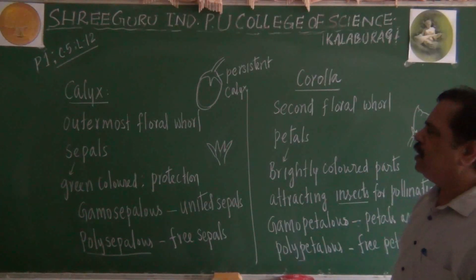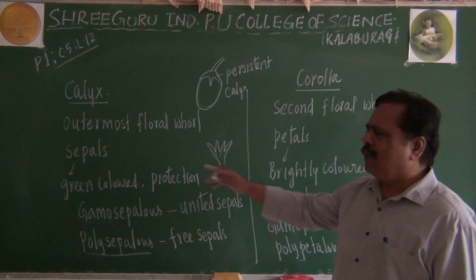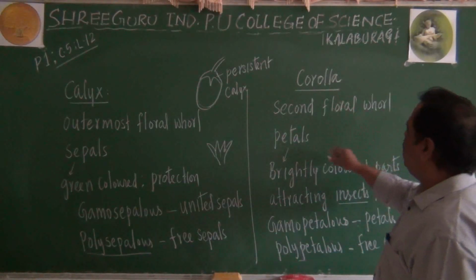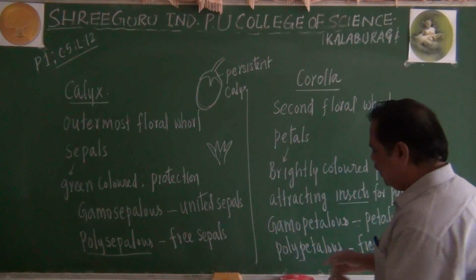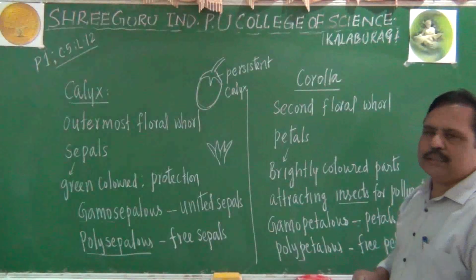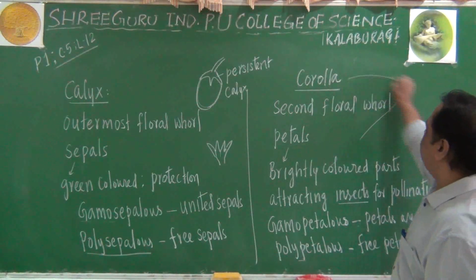There is one more interesting point you have to remember. Calyx will not exhibit different shapes, but corolla may exhibit different shapes. Corolla will exhibit different shapes.